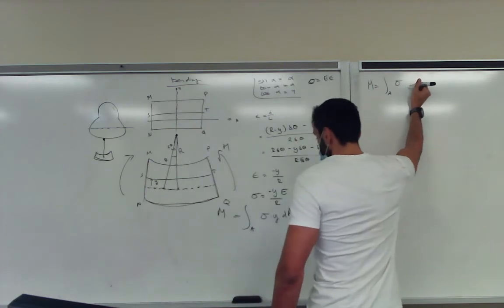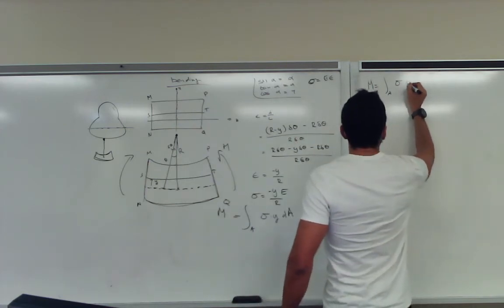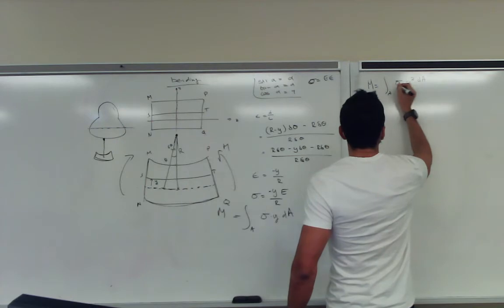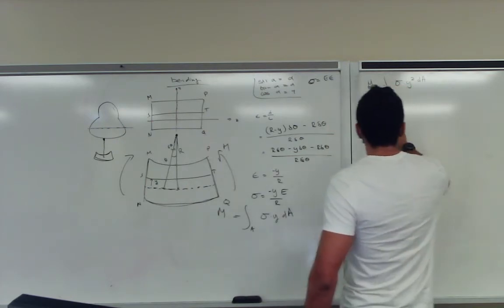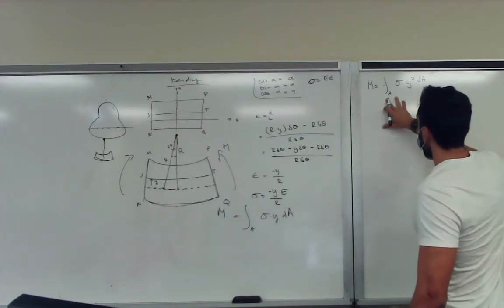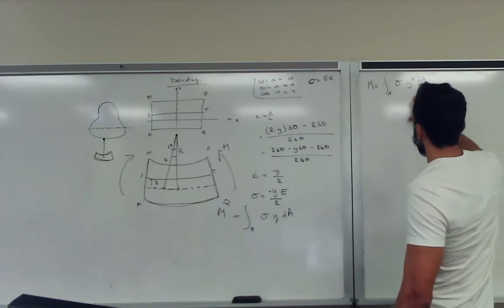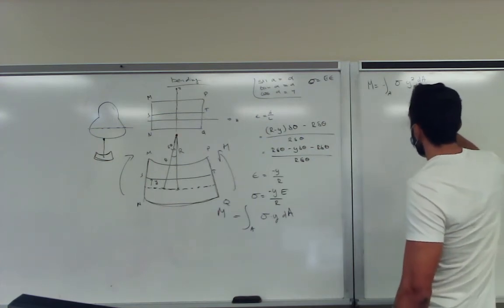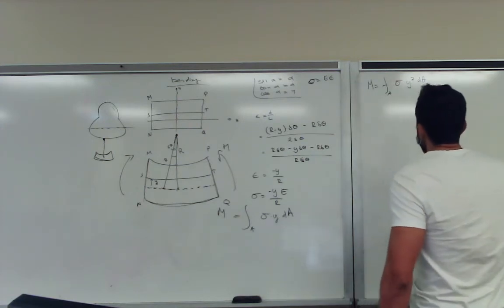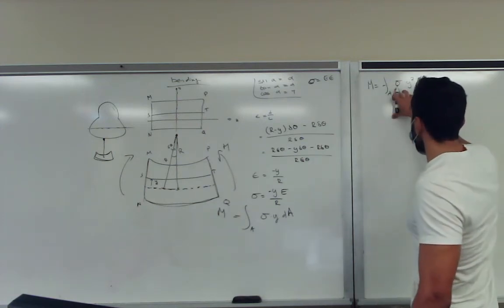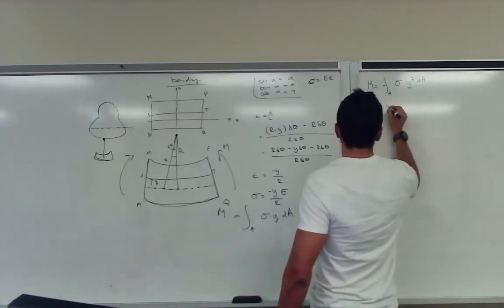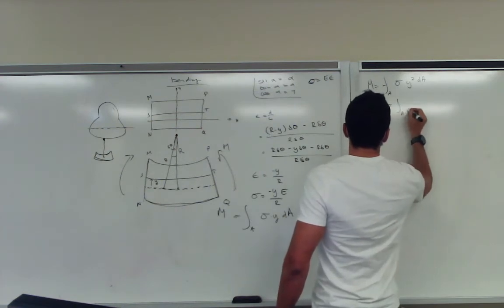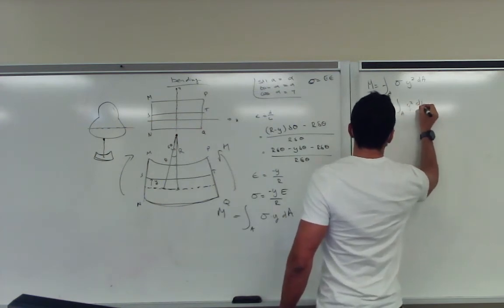So we can substitute the stress into our moment equation. And then what we get is y squared dA, and we get a minus here, take the minus out. And we know that in this equation for the moment, the stresses are independent of the area. It's not a function of x and y, so that's basically a constant. So we can rewrite it a bit.